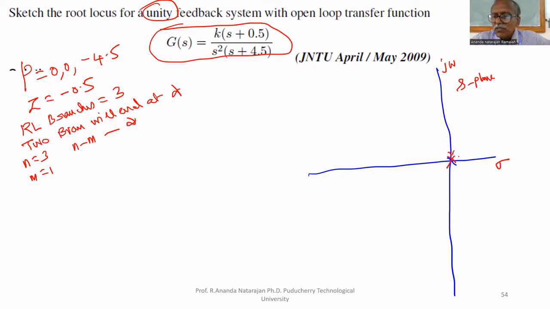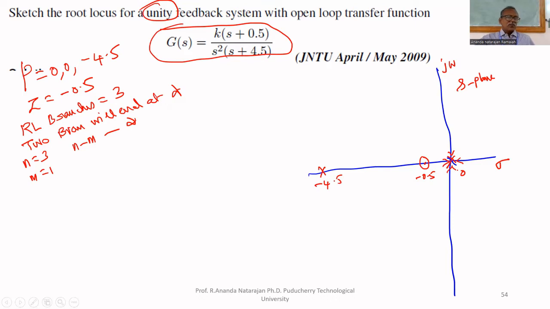So, repeated poles at the origin, and one more pole at minus 4.5. A zero at minus 0.5. That's all.